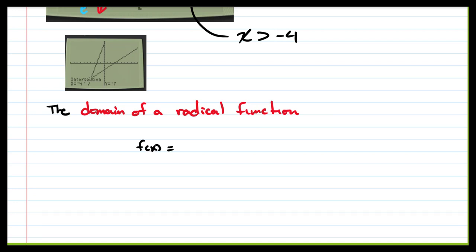We have f of x equals the square root of some function. And remember that the square root symbol's technical or official name is a radical. The thing that lives inside the radical, or the inside bit, is called the radicand.